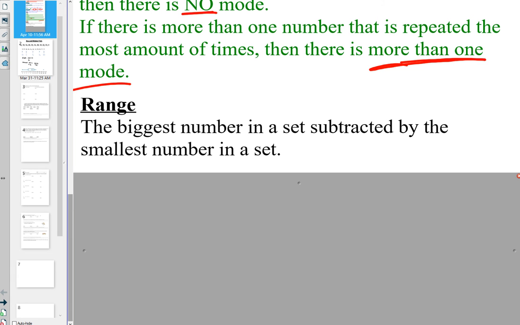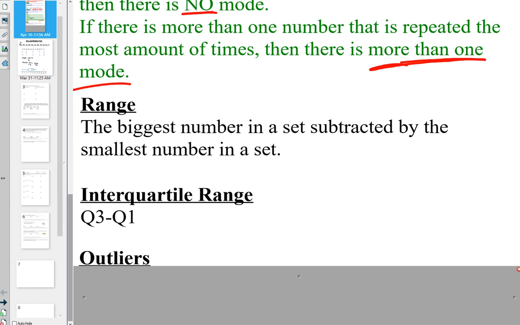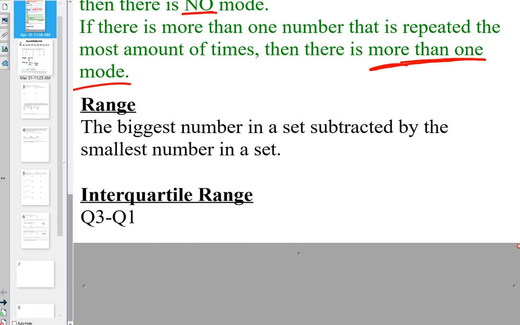Okay, range. Thing to remember about here. This is color coded for you. 2 types of range. The thing we're doing in common is subtracting. When you calculate range, you're subtracting. When you calculate regular range, it's just the biggest minus the smallest in the entire set.